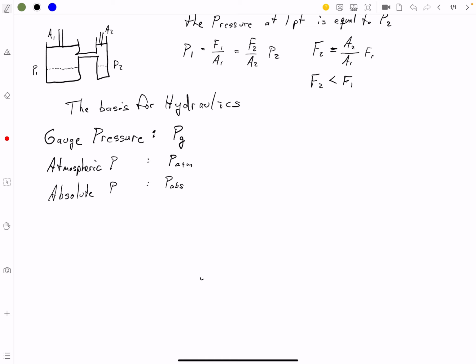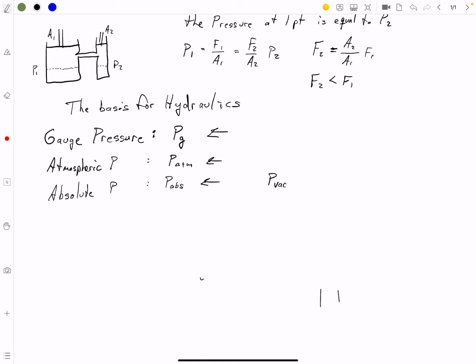Now, we're going to measure this guy. The atmospheric pressure we can do nothing about, but usually when we're measuring a gauge pressure, we're measuring it in already atmospheric pressure. And then, of course, absolute pressure is whatever the pressure is absolutely. So let's look at P absolute for a second.